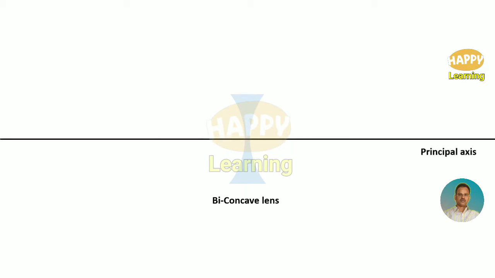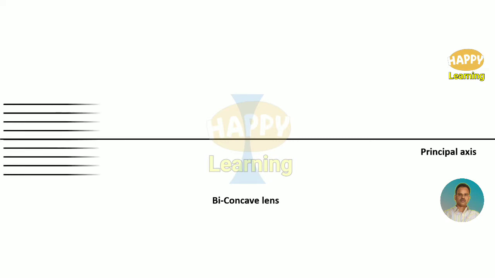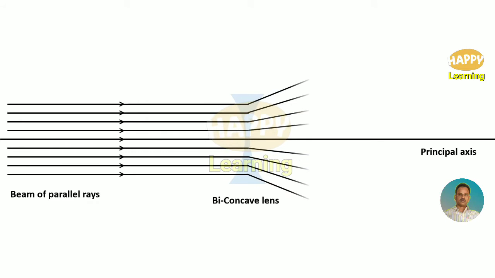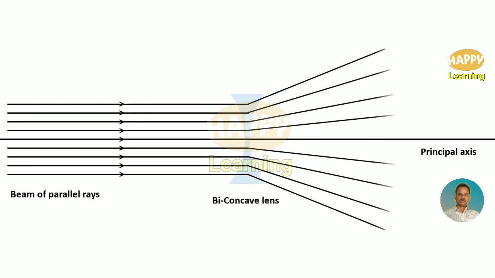Let us draw the ray diagrams for concave lens. It is a biconcave lens. It's a principal axis. Then parallel rays are coming onto this concave lens. It is a beam of parallel rays. They are diverged when passed through this concave lens.